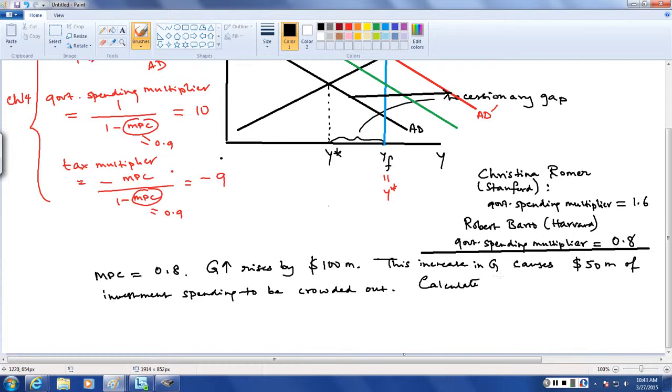Calculate the net increase in aggregate demand. How would you tackle a problem like this?